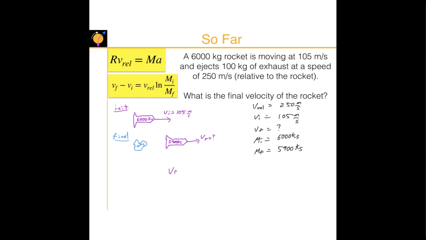So V final, using this equation here, is going to be equal to V initial plus V relative times the natural logarithm of M initial over M final.